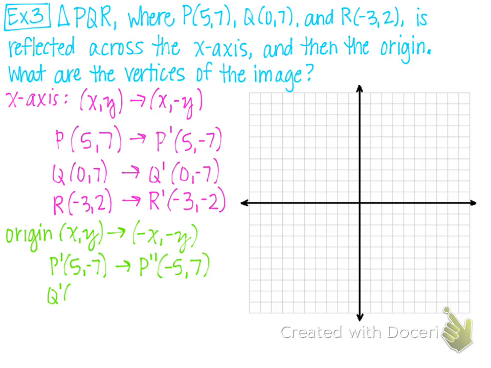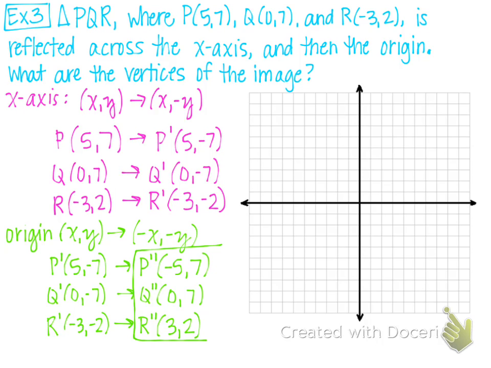Q prime was at 0, negative 7. So our Q double prime, we can't change the sign of 0, so we still have 0, but now we have positive 7. And R prime was at negative 3, negative 2. So R double prime is at positive 3, positive 2 now. So here are our final vertices that we're looking for.